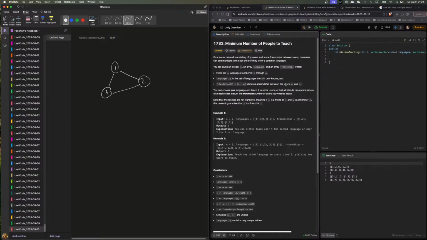The friendship between users UI and VI. So user is 1, but we have a 0. Wait a second. Languages are from 1 to n. Languages I is the set of languages the ith user knows. So we have 3 users.